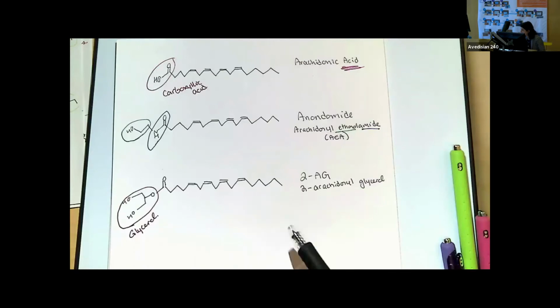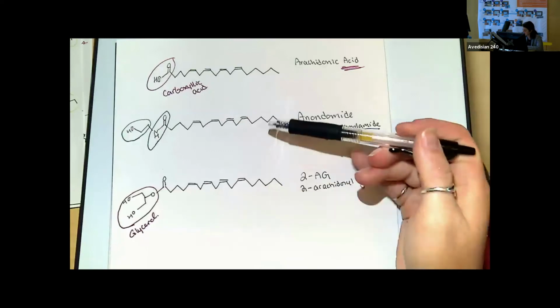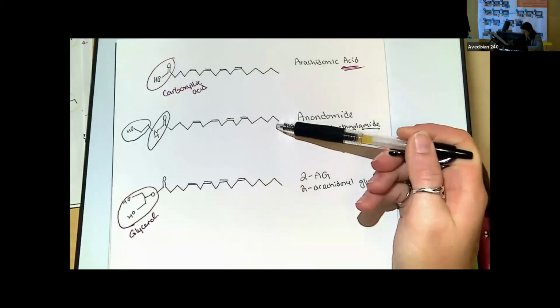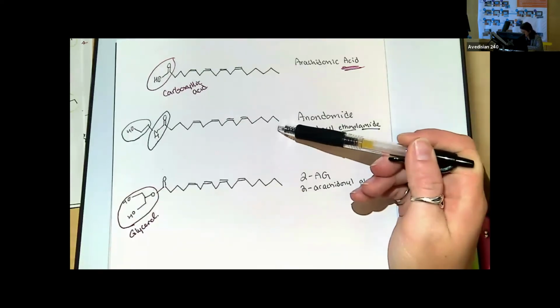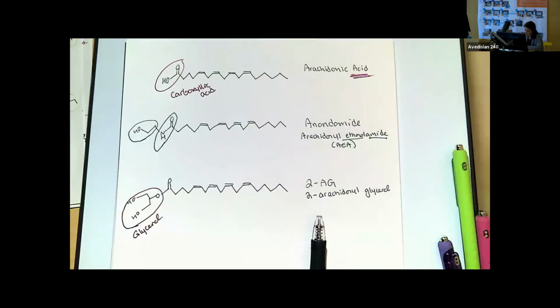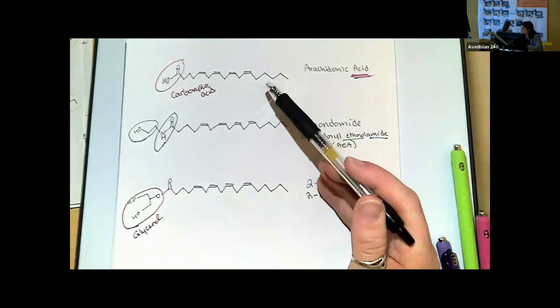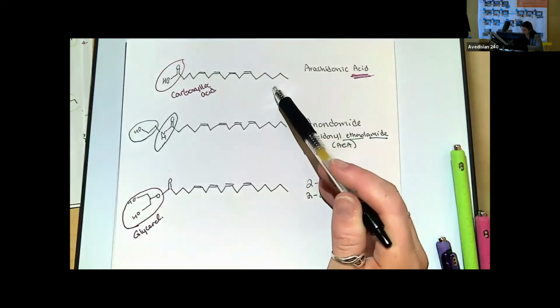However, enzymes are very similar to receptors. They're so specific. So you need a specific enzyme to synthesize this one and a specific enzyme to synthesize this one. That's why we have our NAPE enzyme and we have our DAG-L enzyme. They're able to make these different compounds, but they're still using arachidonic acid from the cell membrane as their starting material.